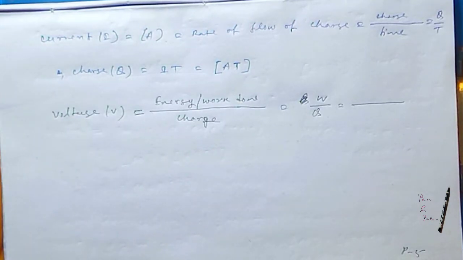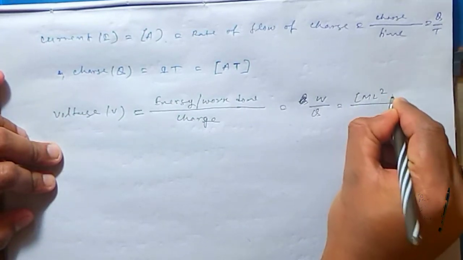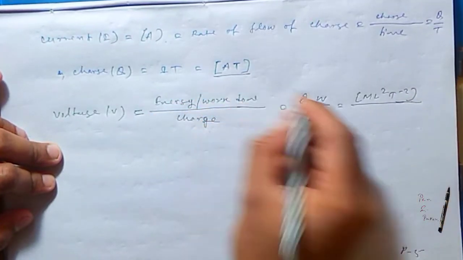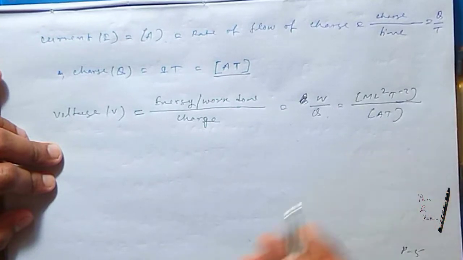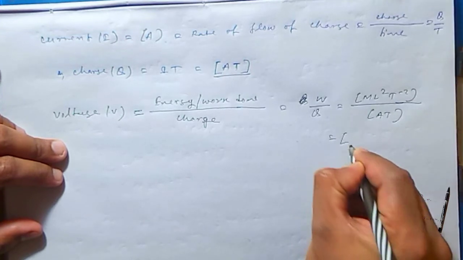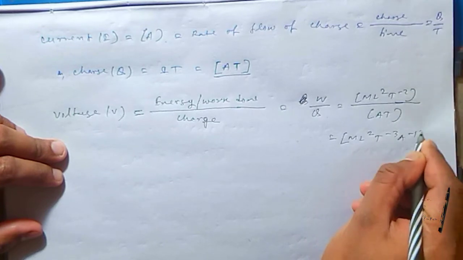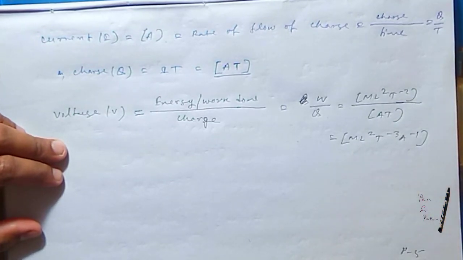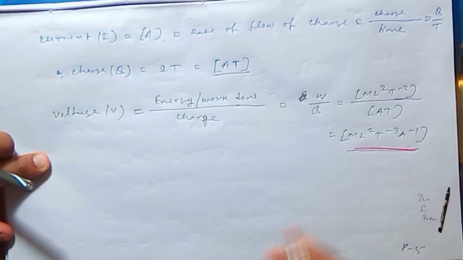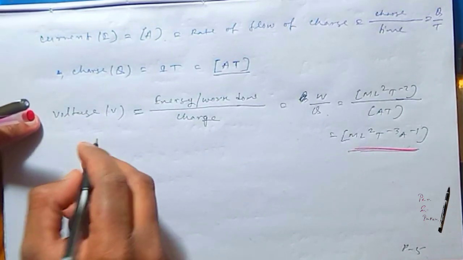Energy and work done dimension is the same, which is M L square T inverse 2. And charge dimension is AT. The final dimension of voltage will be M L square T inverse 3 A inverse 1, which is the dimension of voltage, and its unit, we all know, is volt.